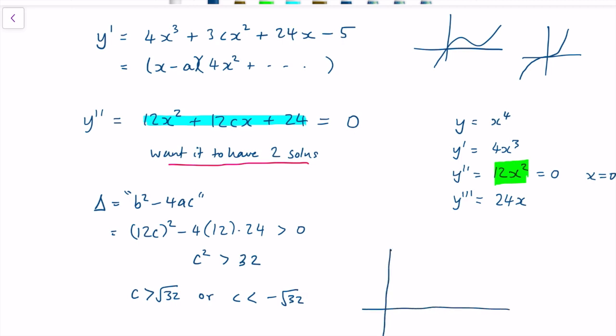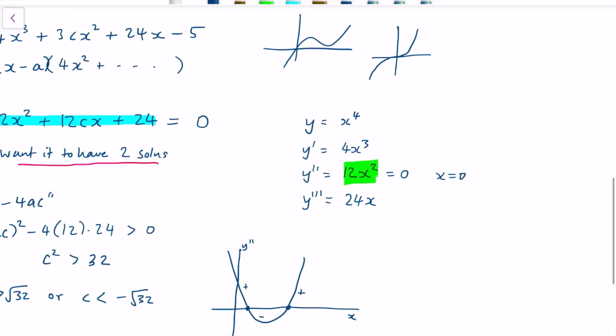So it's a positive parabola. It might look something like this. Y dash dash on that axis, x on that axis, and these are our points where the y dash dash is 0. They have to be points of inflection in this case, because we're going from positive concavity to negative concavity to positive concavity, there are changes in concavity.